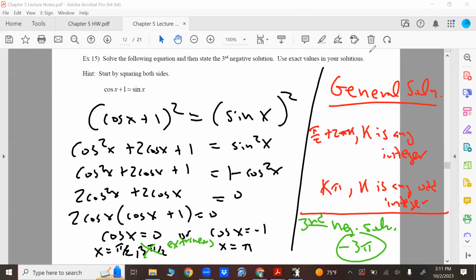Wait. So third would be negative 3 pi. Why is it negative 3 pi? Negative 2 pi, because you want cosine x to be negative 1. Cosine 2 pi is 1. Wait, why is it 3 pi over 2? You go back in, that's going to be negative 1, that's a good one.